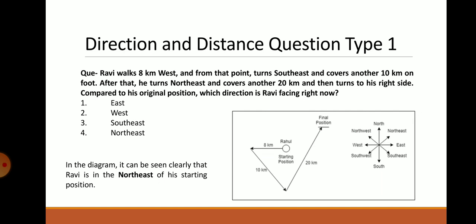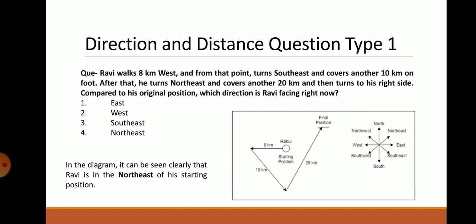Then from that position, he turns northeast. Towards northeast means between the north and east he has moved again, one inclined line in upward direction for 20 kilometer. That means we have to draw a line relatively larger than 10 kilometer. So this is the final position. From the initial position, in which direction that final position is, it is asked in the question.